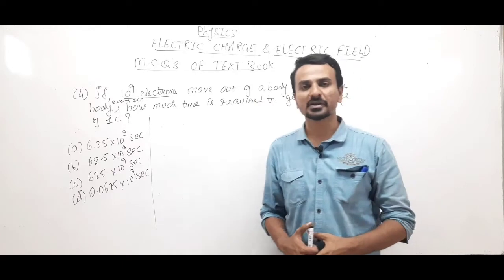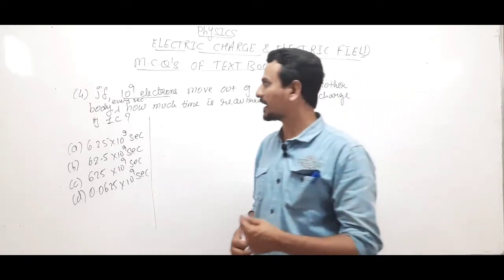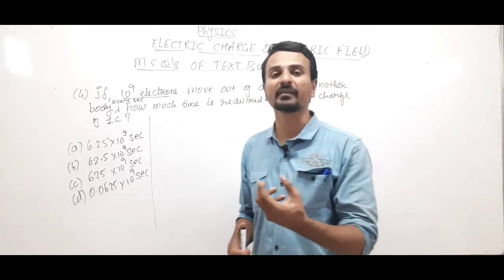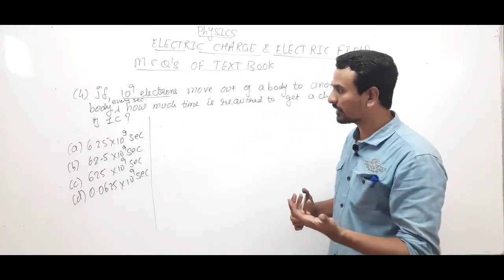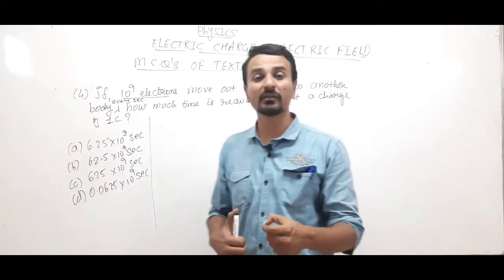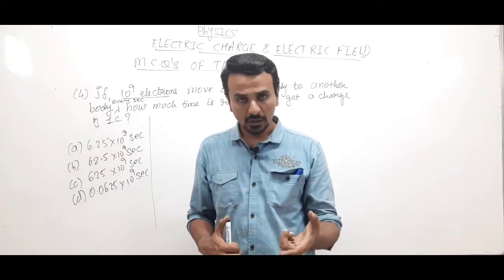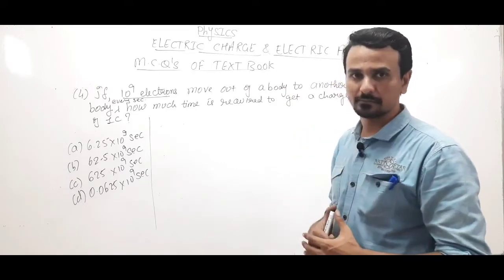The question says that in a second, 10 raised to 9 electrons are moving from one body to another. That means one body is losing electrons, and it is losing 10 raised to 9 electrons in each and every second. So the body will gain positive charge. In order to gain a charge of 1 coulomb, what time will be required?